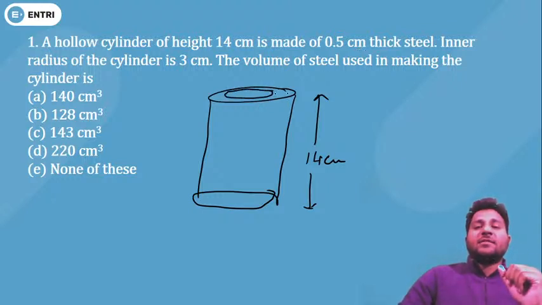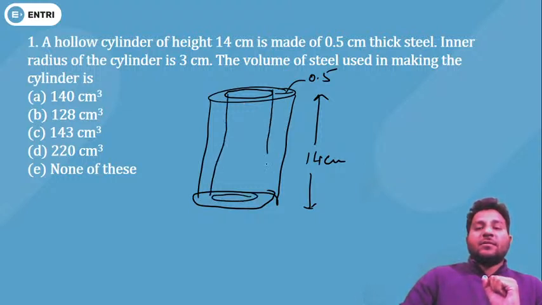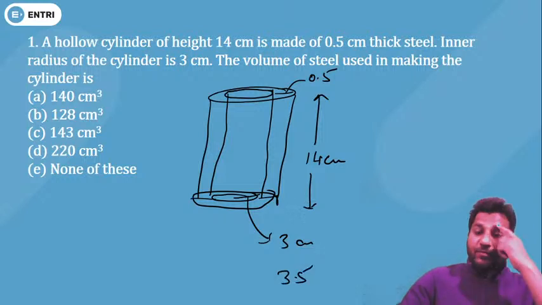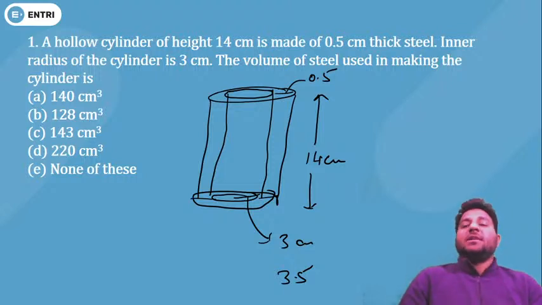The inner radius will be lesser, that means inner radius has been given as 3 centimeter. So if you increase 0.5, you will know that the outer radius will be 3.5. Now tell me the volume of the steel used in the making. How are you going to do that?